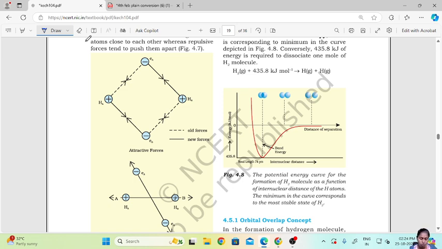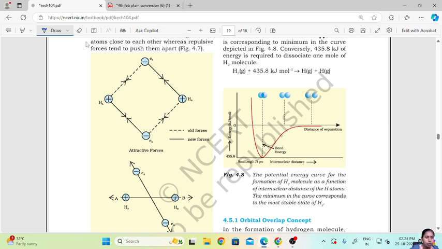Because before both the atoms come closer to each other, they are separately arranged, right? So they are present in themselves, and in that case, the nucleus and the electron of the same atom will be attracted towards each other.